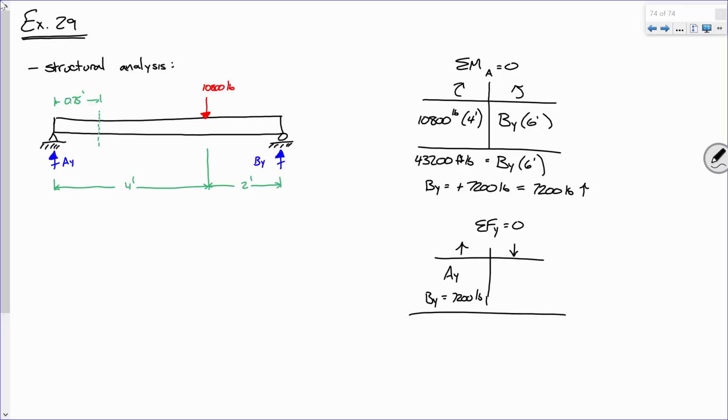And we've got, what does that come out to be? There we go, 3,600. Sound good?